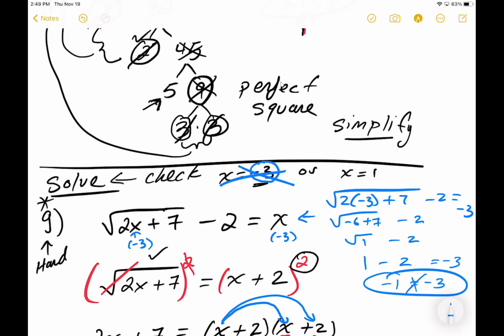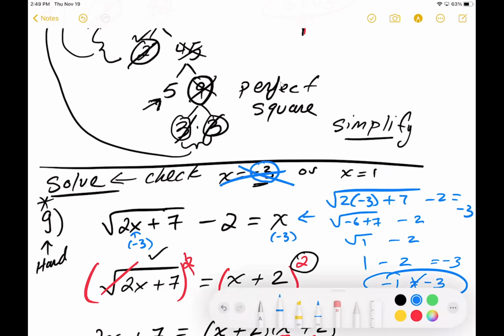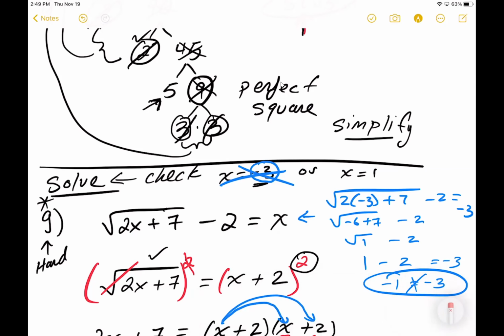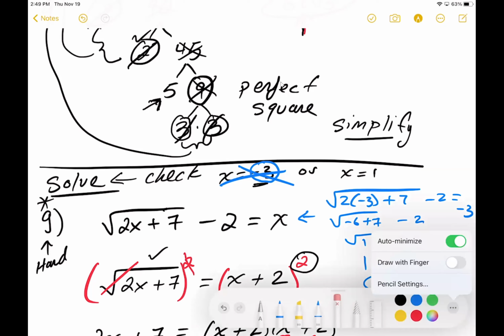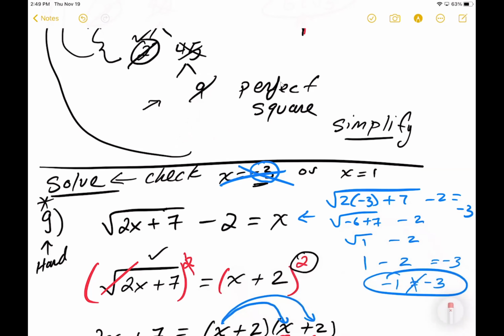You need something that comes out correctly. If you plug in the 1, you should see that you will have a correct answer. How? Well, let's plug in the 1. Let me erase up here so that you can see.